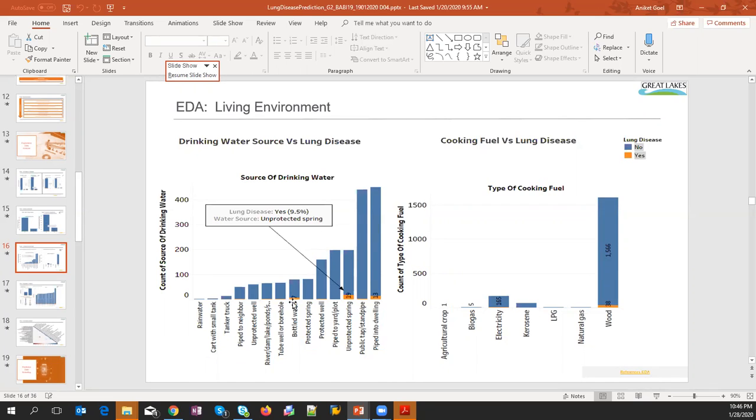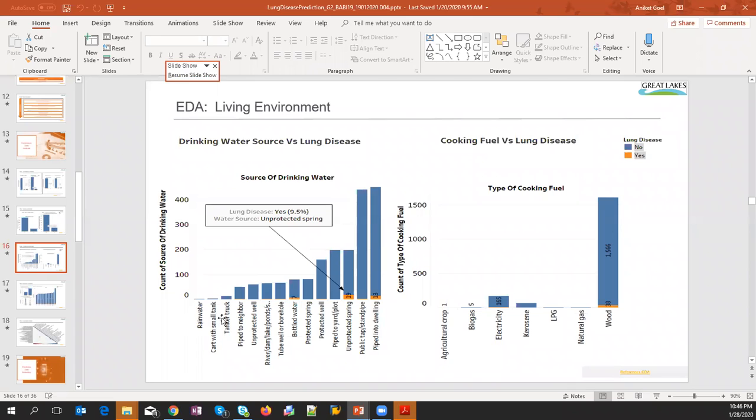Now again, the color coding is such that orange in the chart is for the person who has got the lung disease, and blue is for the person who has not got the lung disease.